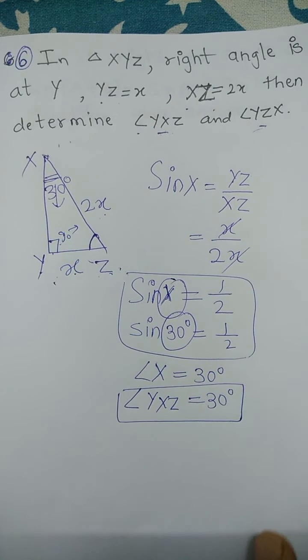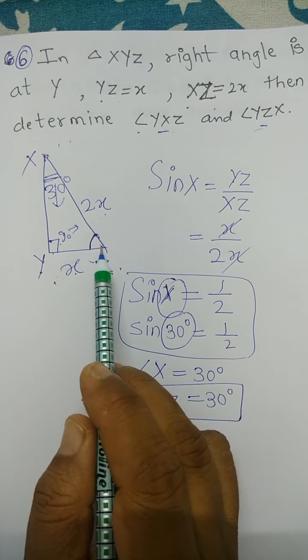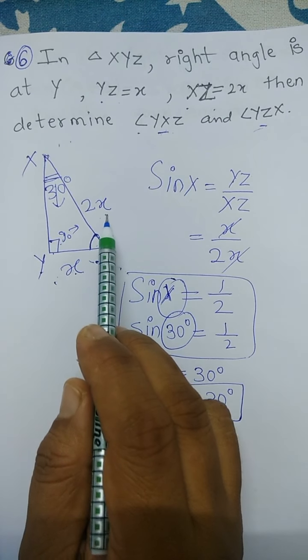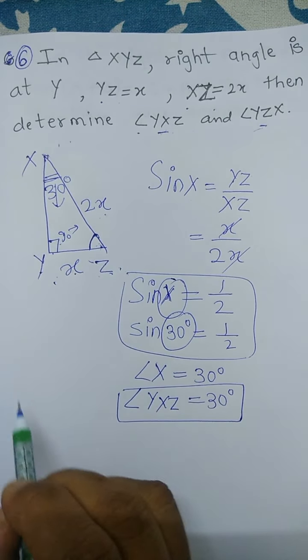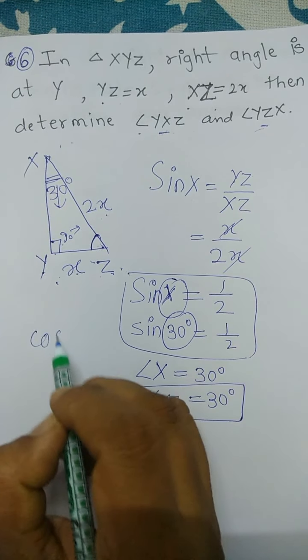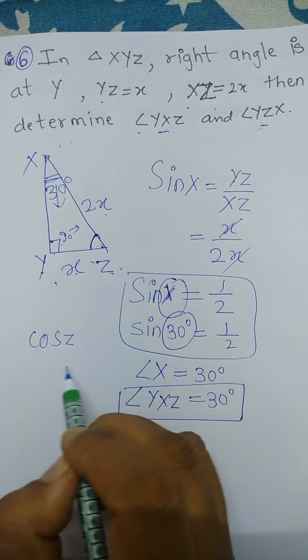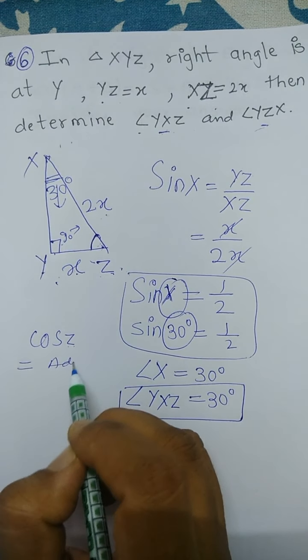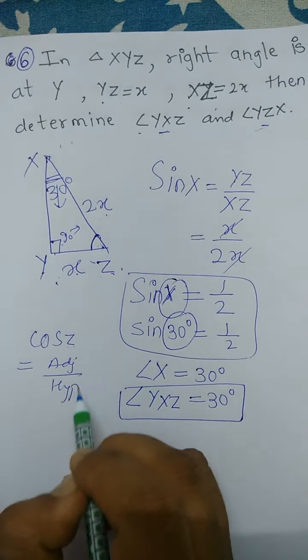Now the next angle we have to find is angle Z. For angle Z, this is the adjacent side and this is the hypotenuse. So which formula we have to use? We have to use cos Z. Cos Z is adjacent side upon hypotenuse.